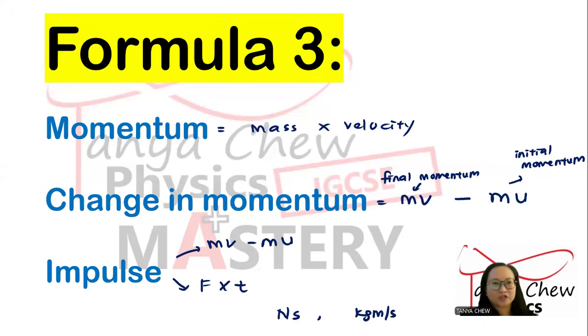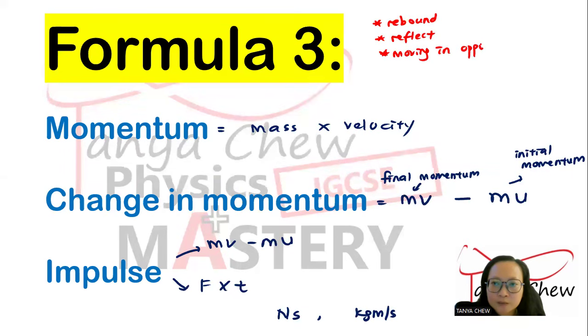I want you to be extra careful when you solve questions regarding momentum, change in momentum, as well as impulse, because momentum is a vector quantity, especially regarding change in momentum. If you see words like rebound, reflect, moving in opposite direction, these are the keywords.